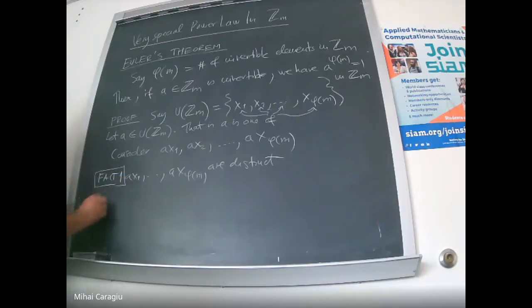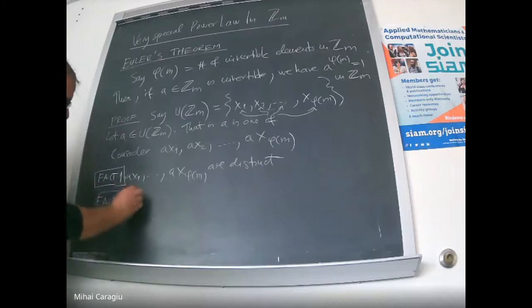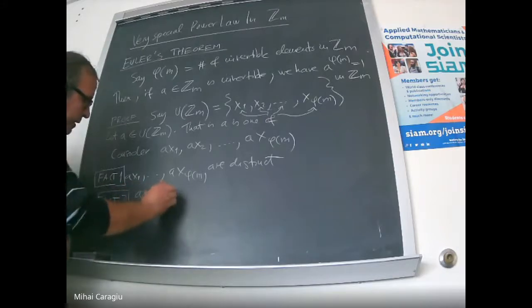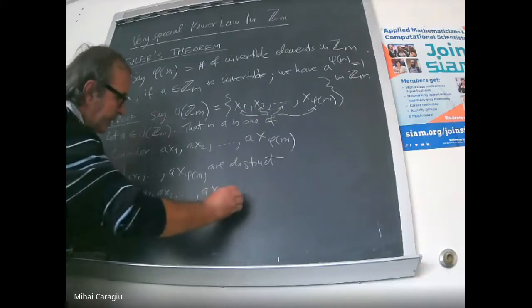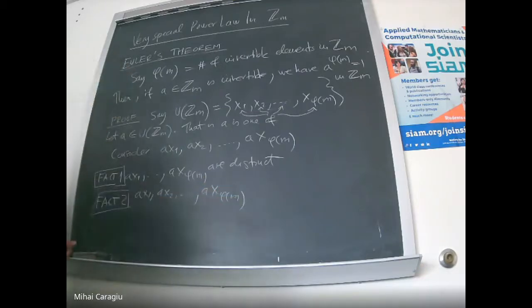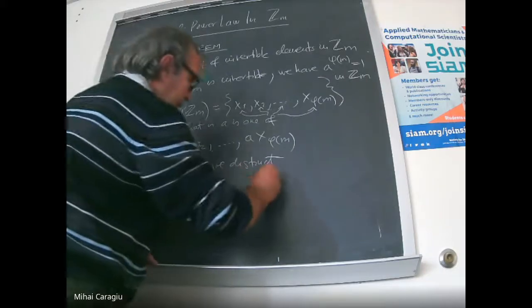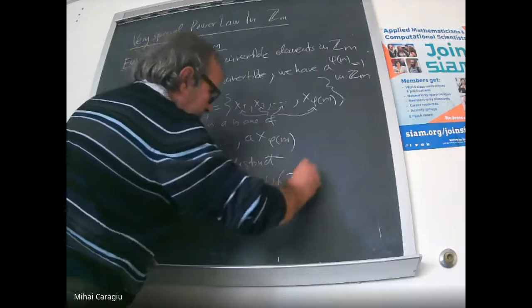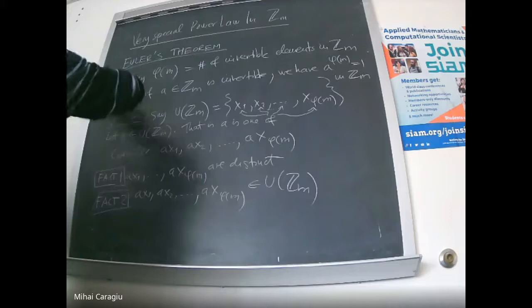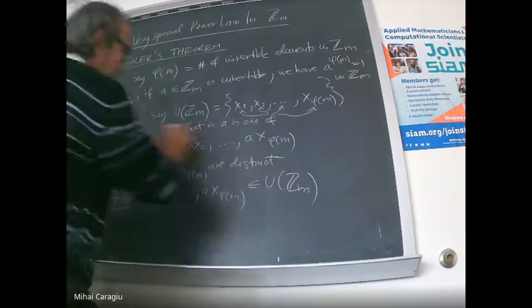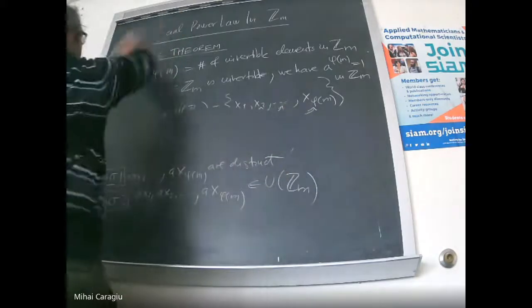Fact number 2: Ax1, Ax2, all the way through Ax phi of m, all of them are in U of Zm. Let's take a moment to prove those things.